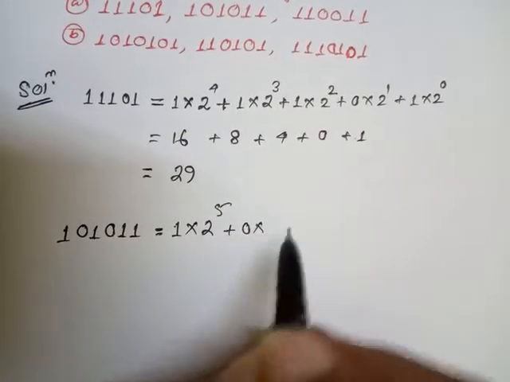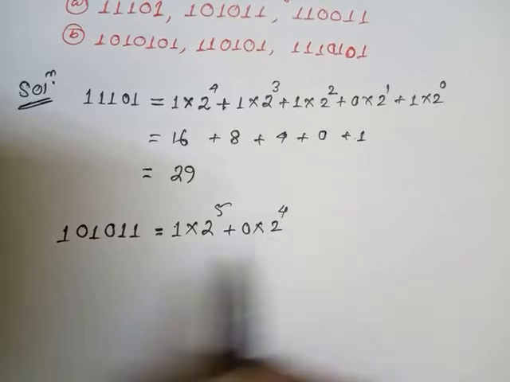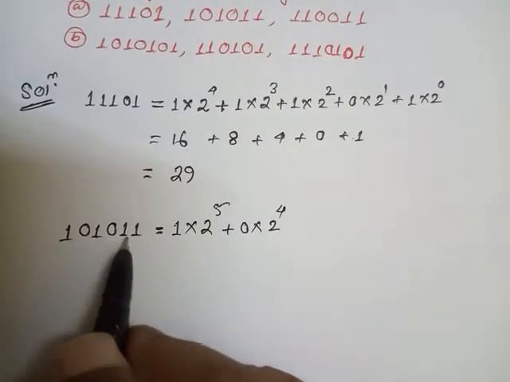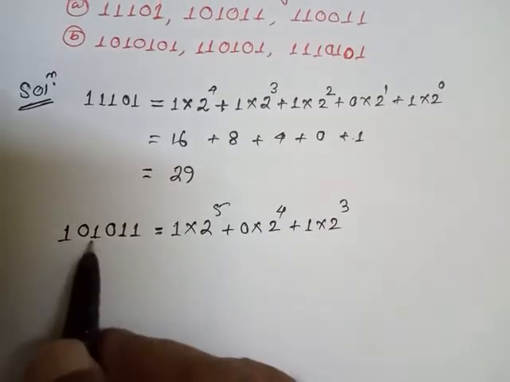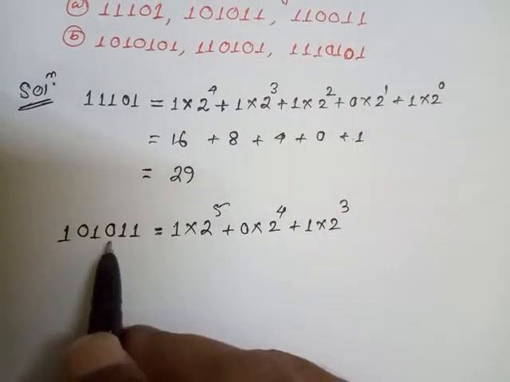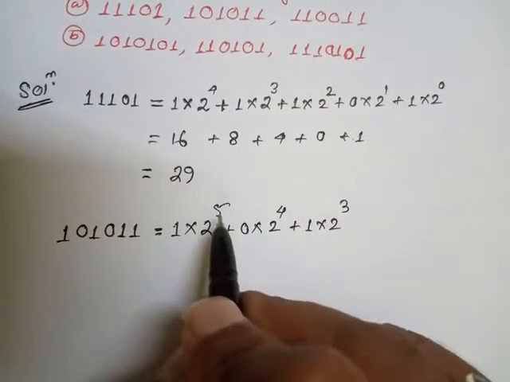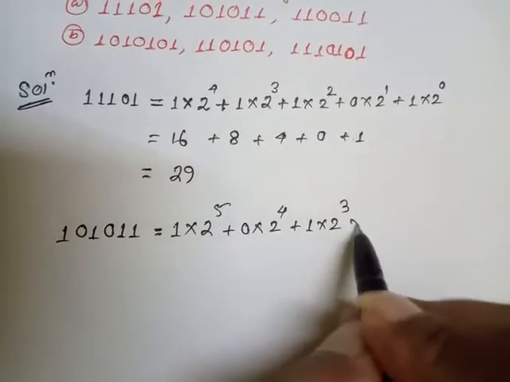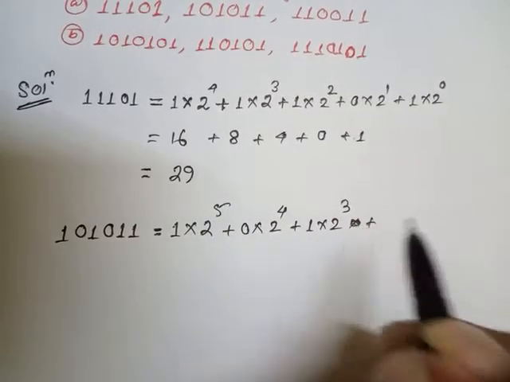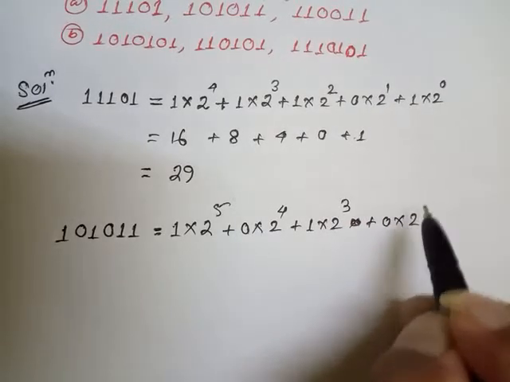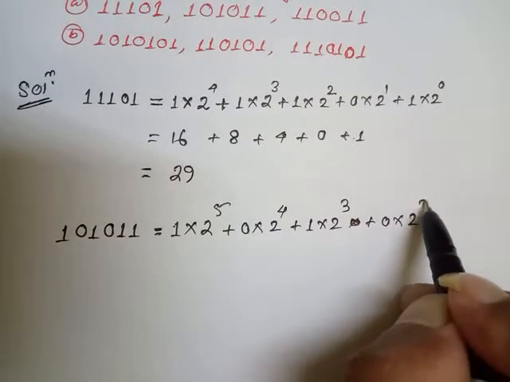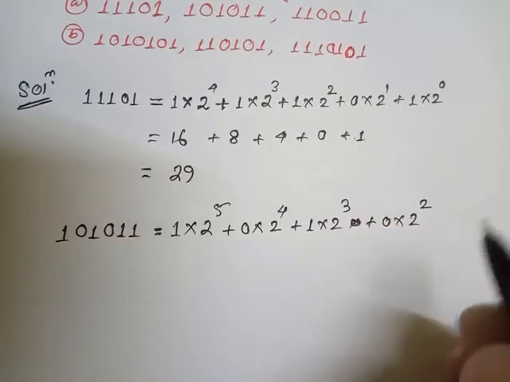Then 0 into 2 to the power 4 means 0. Then 1, 2, 3, 4: 1 into 2 cube, which means 1. Then for the next digit, once I have written 5, then 4, then 3, next should be 2, so 0 into 2 square.